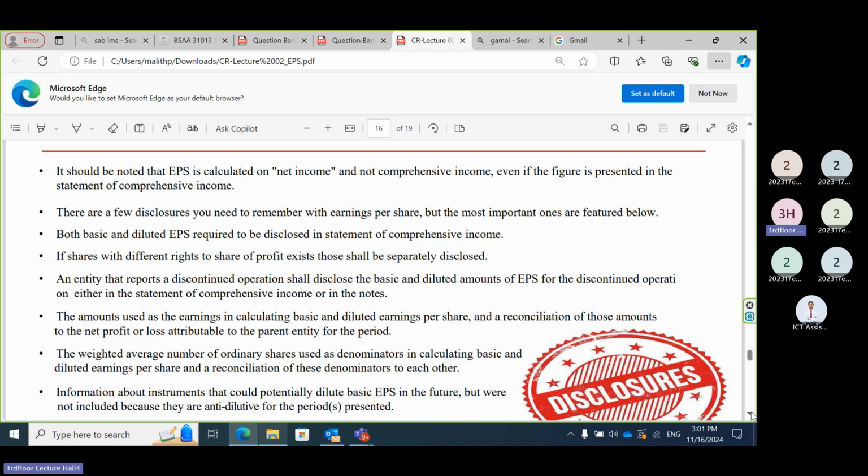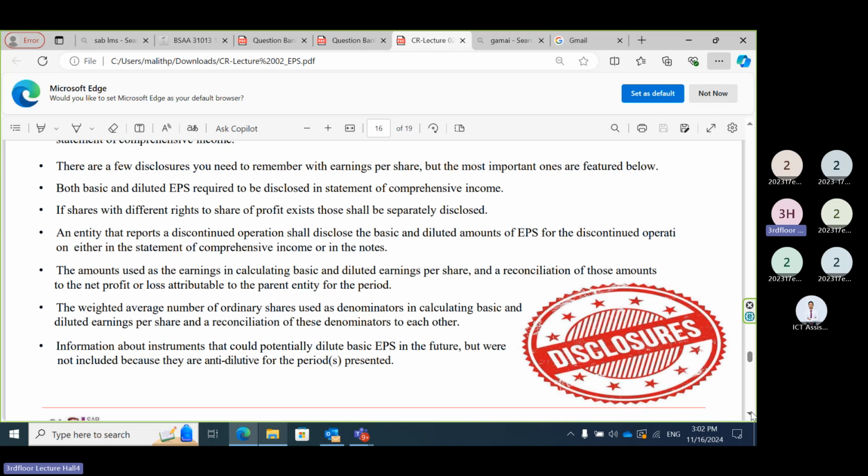Keep in mind, because the bonus element is eligible for previous shareholders, that should be adjusted to the comparative number, and you need to recalculate your EPS. And then if you have a discontinued operation, the earnings per share for that discontinued operation should be disclosed separately. Keep in mind. If you are going to have a new share issue, the weighted average number of shares and the period should be disclosed.